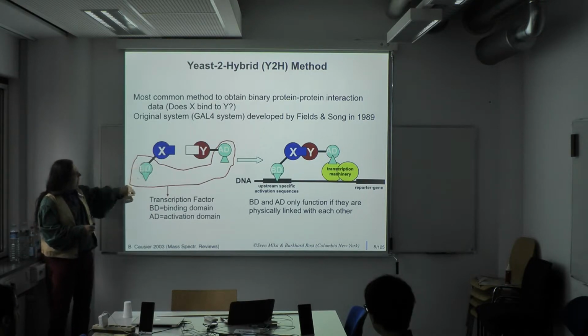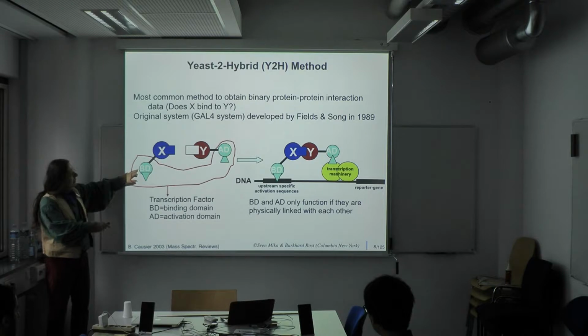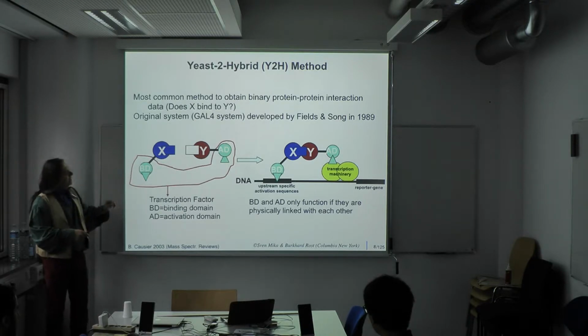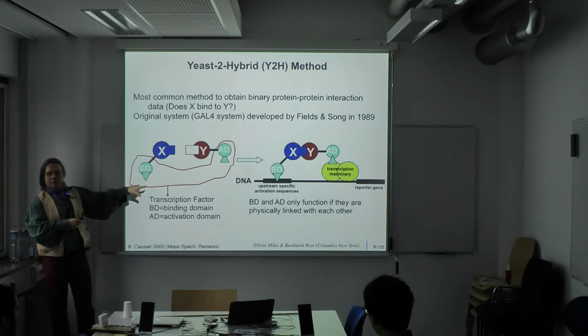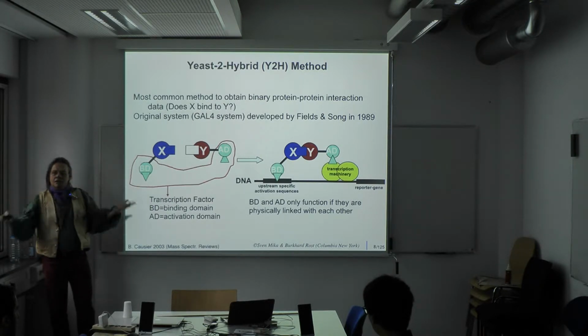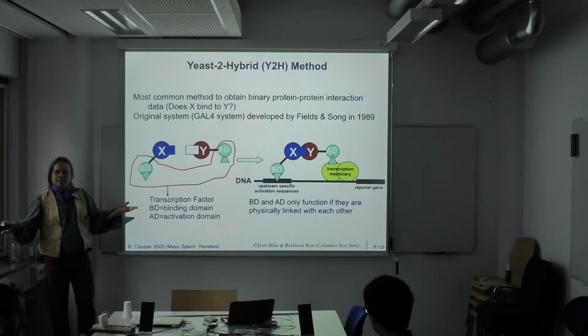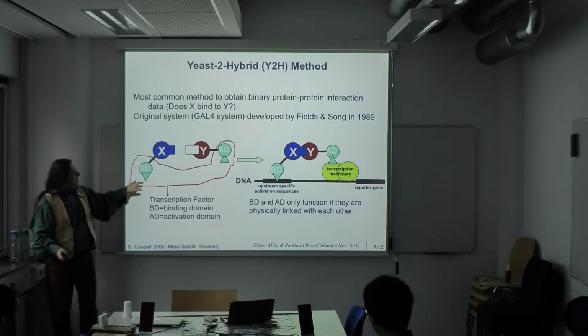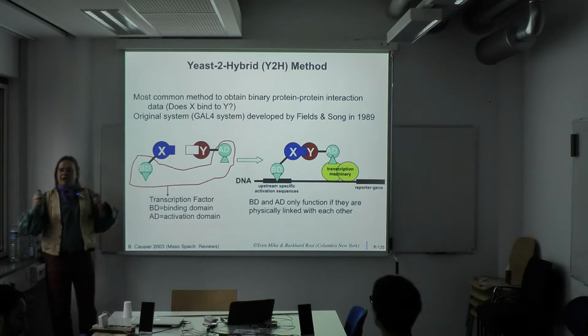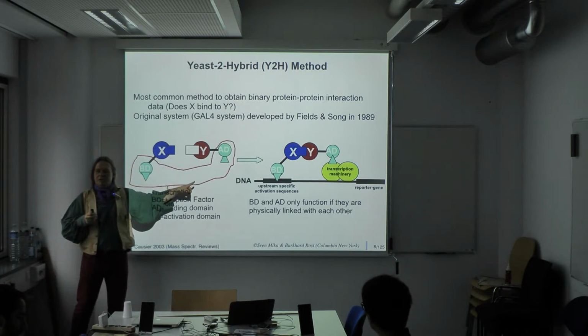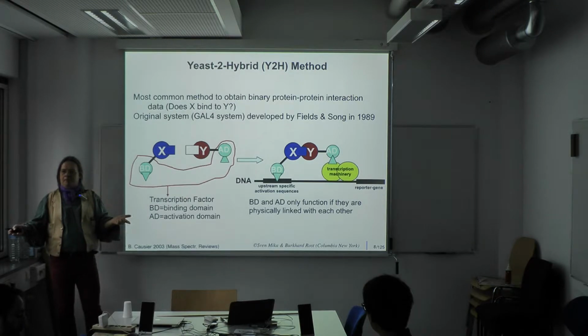You put on one protein the binding domain, on another protein the activation domain. In the moment that these come together, something is visible. That means that when the two proteins to which you attach them bind, they come together, and you get a signal.